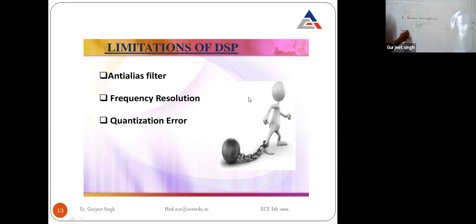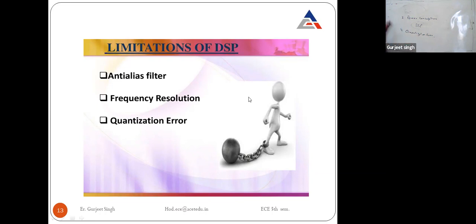Next, fourth, we have quantization error. Quantization is the process we do when we are converting the analog signal into the digital signal. When we use this quantization concept in the ADC, there is an error.